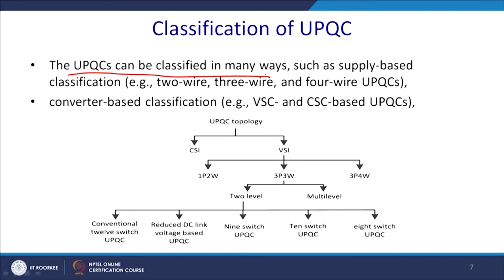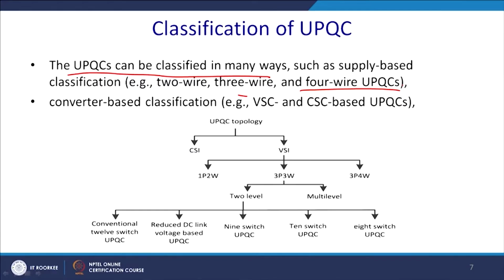For example, it may be 2-wire single phase, it may be 3-phase 3-wire, or it may be a 4-wire kind of UPQC, and also converter based UPQC, that is voltage control or current control. Most of them are voltage control because of the size of the inductor. So, topology wise UPQC may be of 2 types: current source inverter and voltage source inverter, and mostly we have a voltage source inverter.